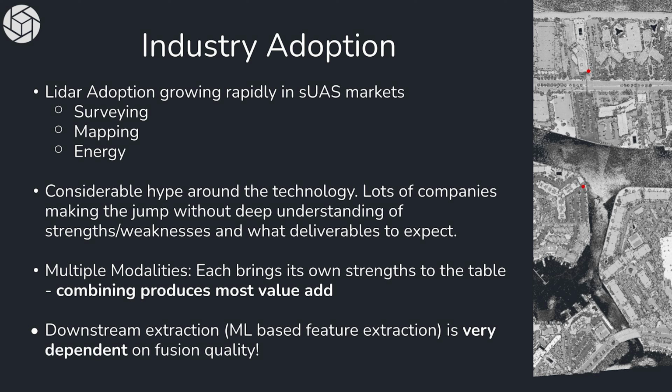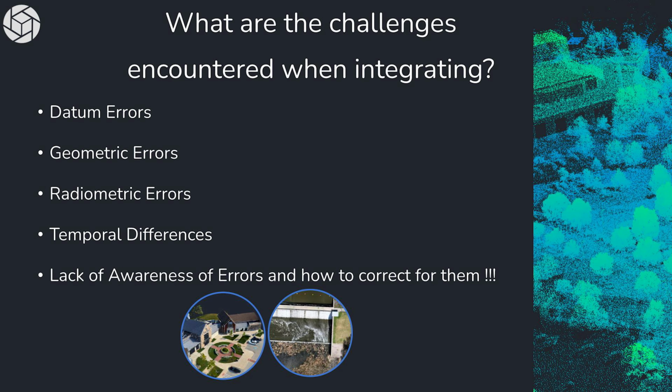Machine learning based feature extraction is very, very dependent on having consistent and accurate fusion. All right, so what are some of the challenges we encounter when integrating photogrammetry with LiDAR? We have datum errors, geometric errors, radiometric errors, and really temporal differences as well. But we're just going to focus on those first three today. And the biggest problem is that there's a lack of awareness amongst the user base about how to correct for these errors.